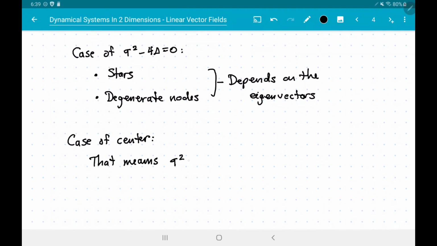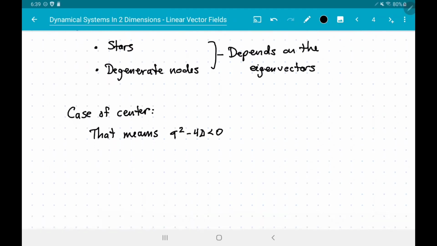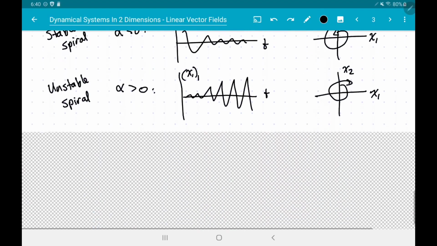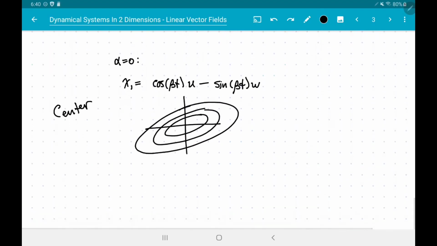So tau squared minus 4 delta is less than 0, so we get complex numbers out of the quadratic formula. We get lambda 1 and 2 are alpha plus or minus i beta. But for a center, remember, alpha comes out to be exactly 0.